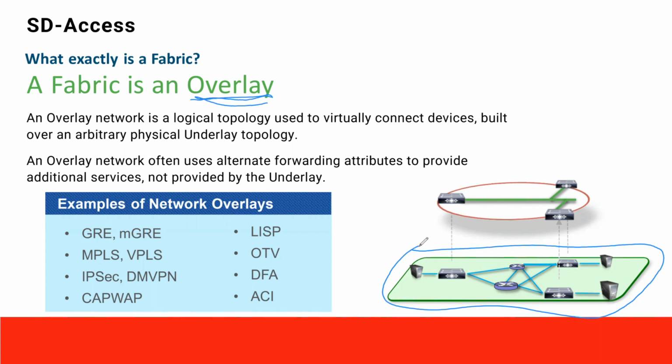But an overlay network uses alternative forwarding attributes. Now, what does this mean? You must be familiar with GRE or IPsec. These protocols are very widely used in the VPN part. So even if these nodes are connected to each other point to point, or hop by hop, in the overlay it looks like your endpoint is connected over here, and here it's the internet.